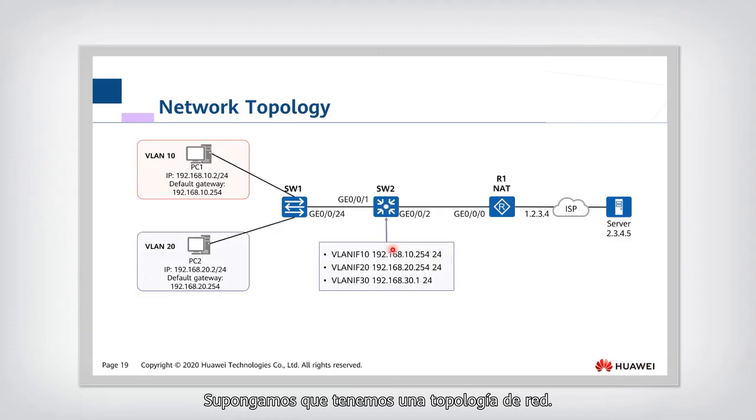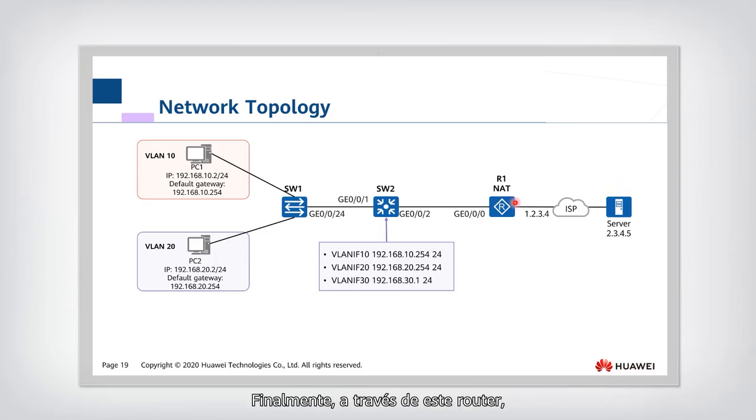So here, let's assume such a network topology. Still we have two different VLANs connected with a switch. Switch 1 is connected to an aggregation switch, and then to a NAT router, which can provide the network address translation function to translate the interior IP to an outgoing public internet IP.